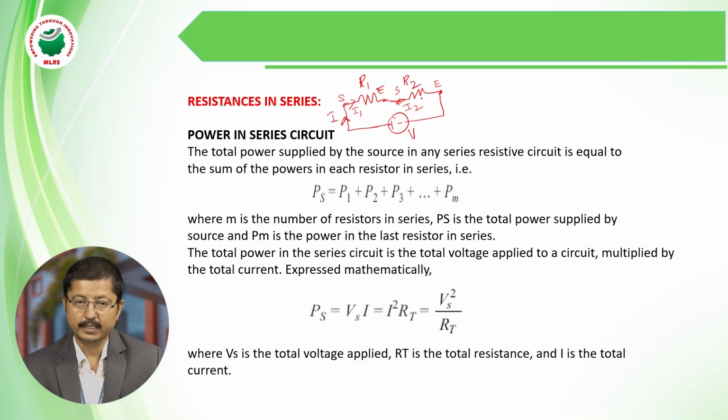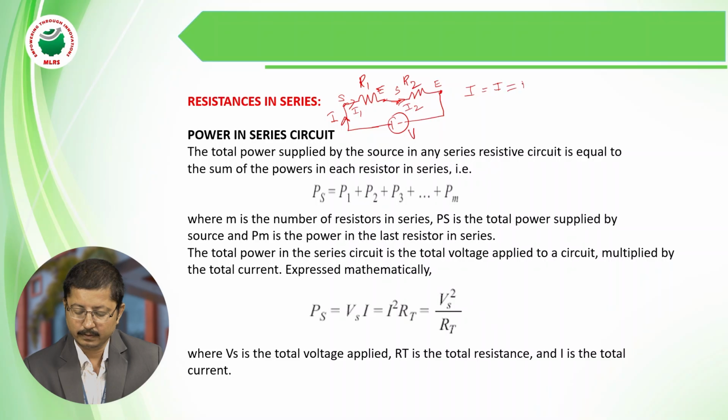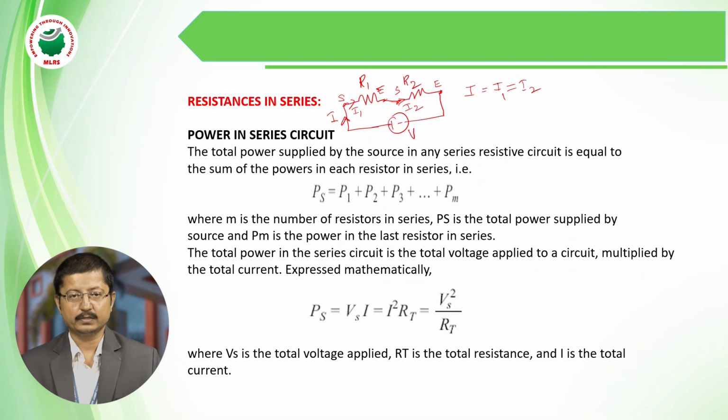From the circuit, I1 equals I2. That means in series circuits the current flowing through all the elements is the same.